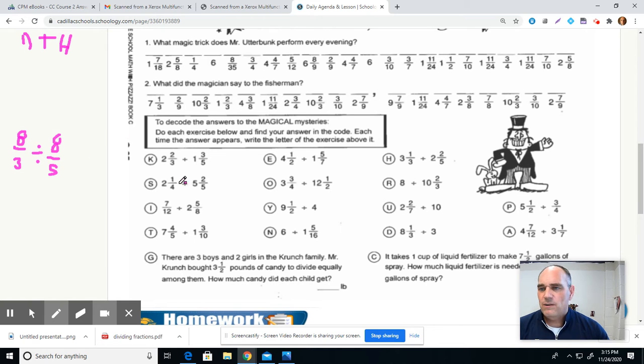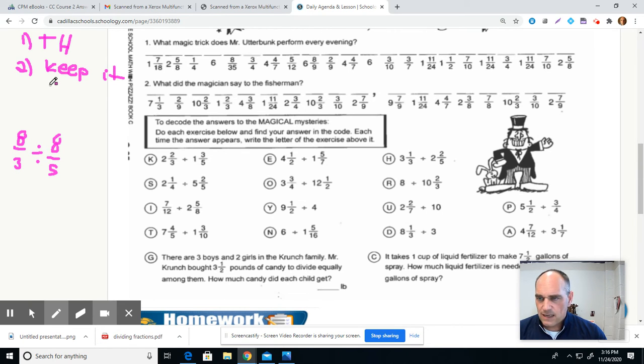All right, so we've made them top heavy. Now, since I am dividing, and I really can't divide fractions, here's what we're going to do. We're going to turn them into multiplication problems. We're going to do this by what we call keep it, change it, flip it. You're going to hear me say that a lot this year. So the first thing we're going to do is keep it.